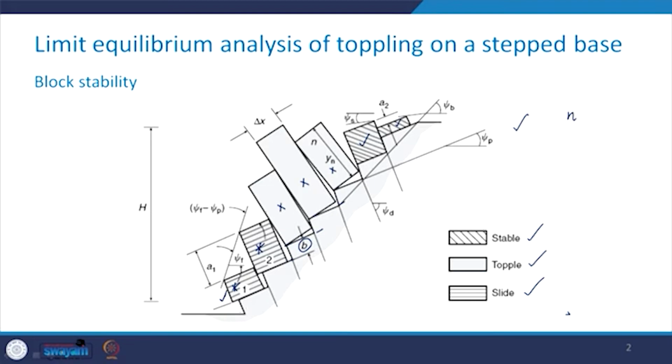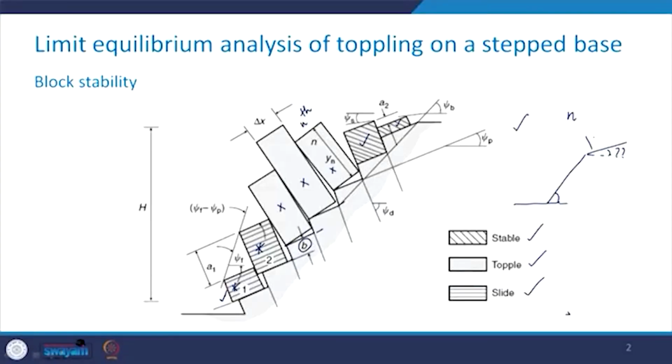Here, the lower part of the slope has one slope, however above the crest the slope is something else. So basically it will look like this: this has one value and the upper portion has the other value. Then any block, say the nth block here, can be above the crest, that means in this zone.